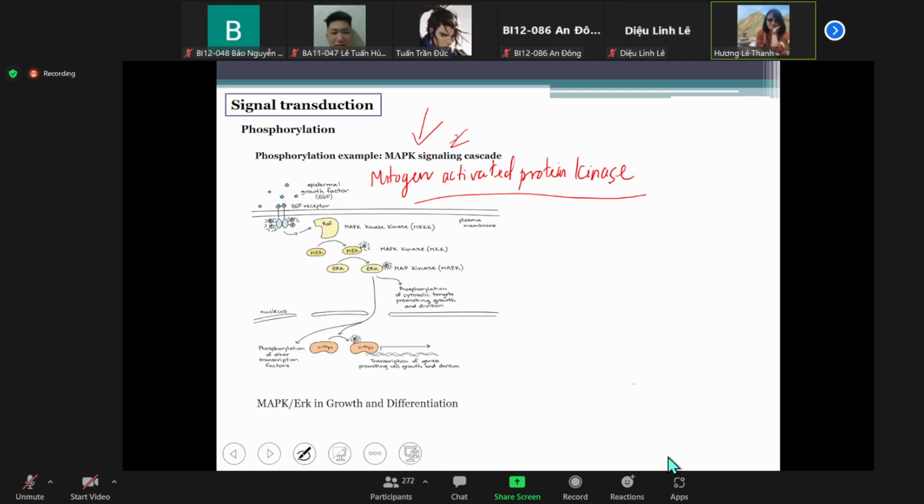So how does it work? Remember the growth factor here. Growth factors are ligands, they are hormones. They bind to the receptor here.